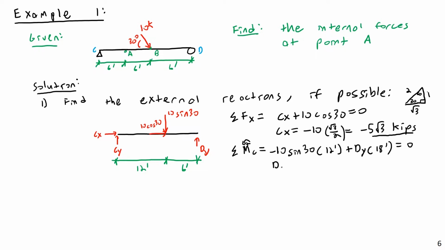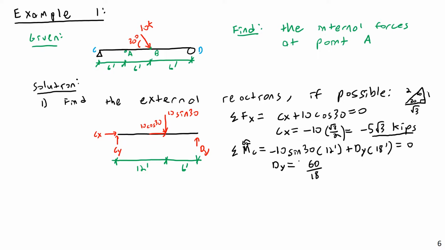And so then Dy is going to be equal to, well, this is 1/2, and so that's basically negative 60. This is negative 60, but when I bring it over here, it's 60 over 18, I believe.